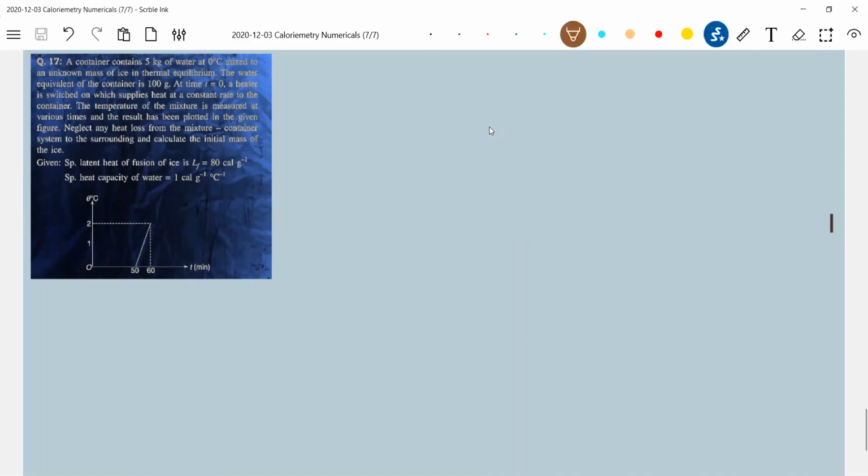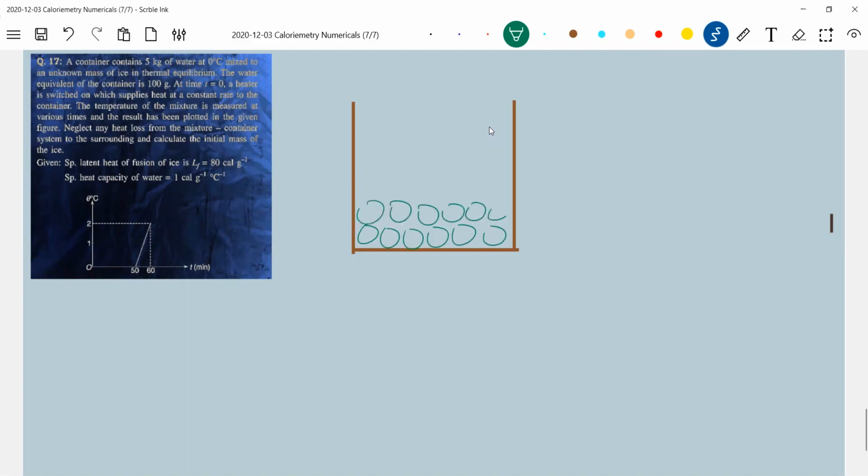Okay, let me help you with at least a diagram. We have a container. It is having ice. So there's water and ice in there.